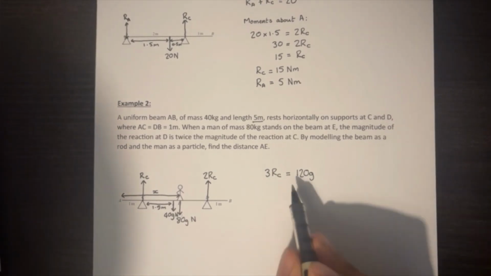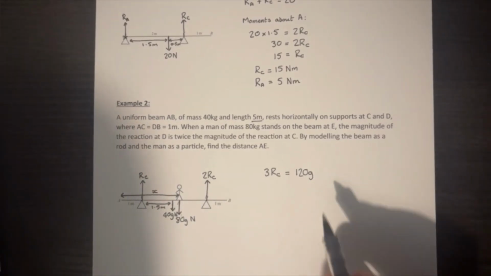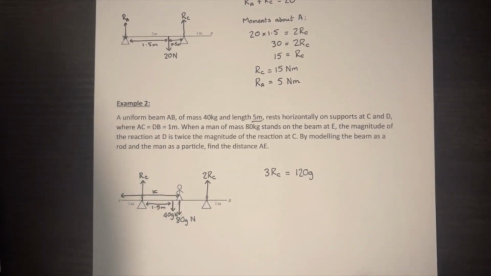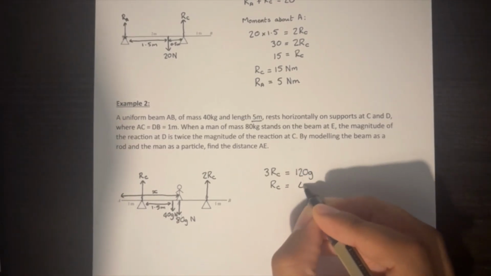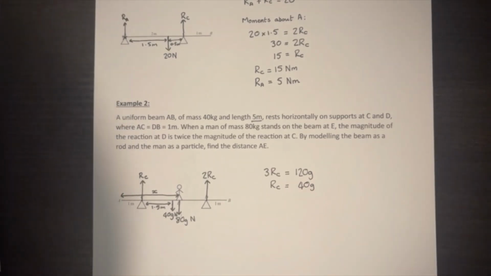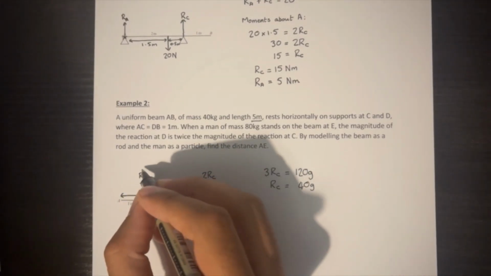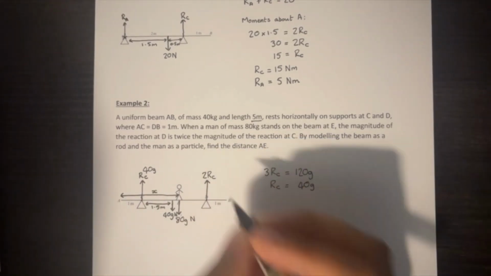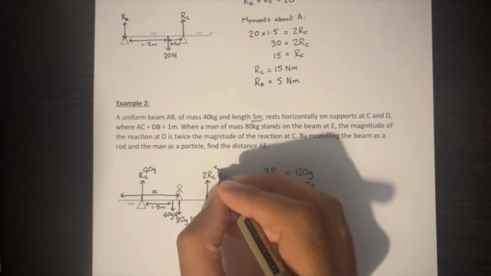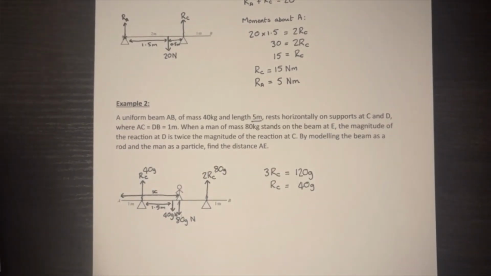So the reaction at C must be 40g, which means 2 lots of the reaction at C is 80g. I'll add those to our diagram to support us as we go.